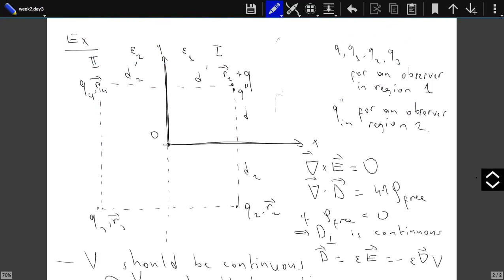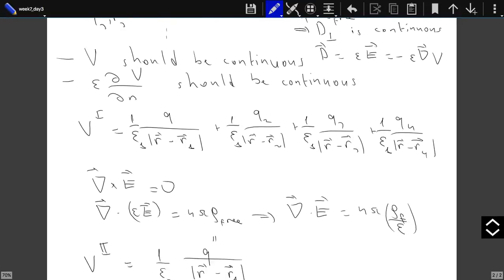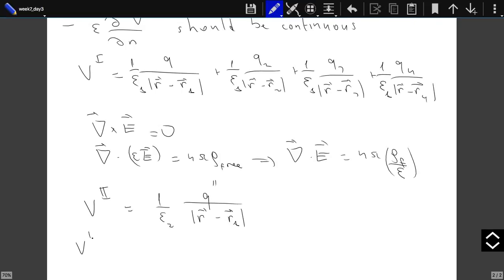Now let's look at, let's say, this point. Let's call that position Rx. So we need to have V1 at the position Rx equal to V2 at the position Rx.